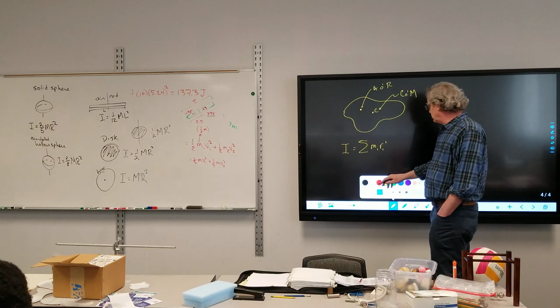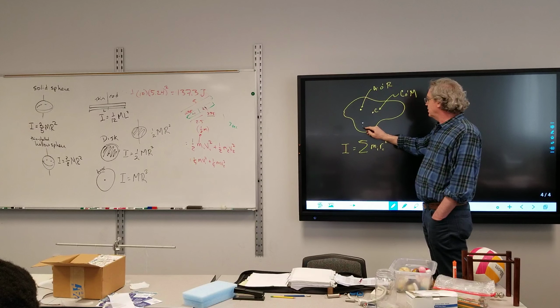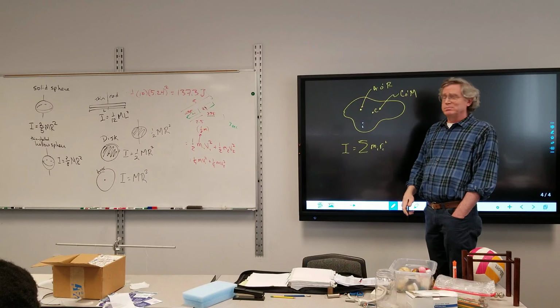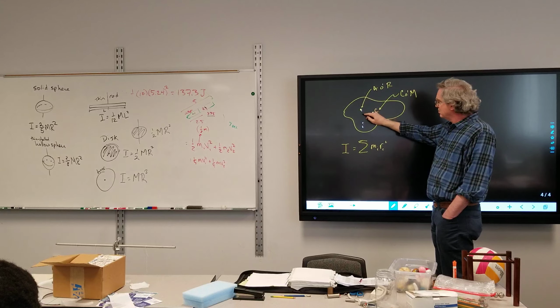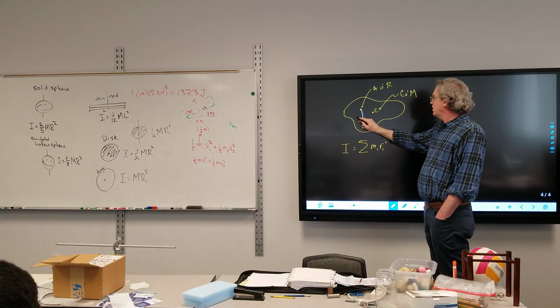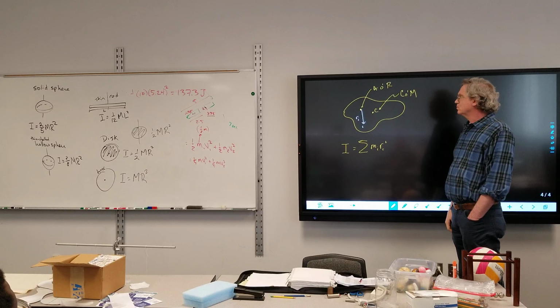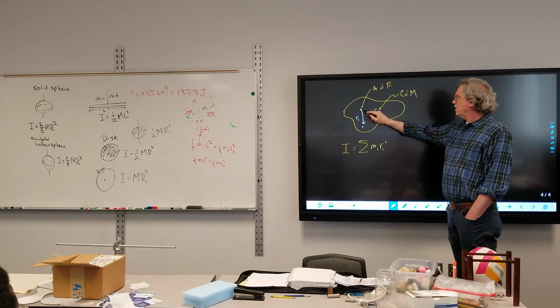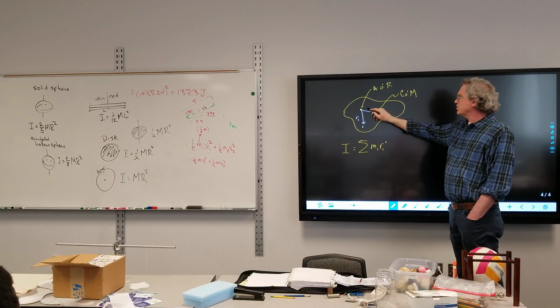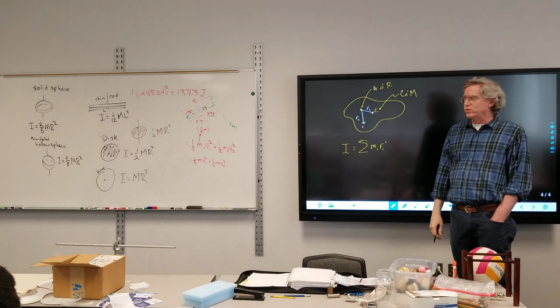So I want to take some point right there. We'll call it point i. That would be r sub i. I know that the center of mass there, I'm just going to label that r sub c, because again we're doing everything in reference to the axis of rotation.